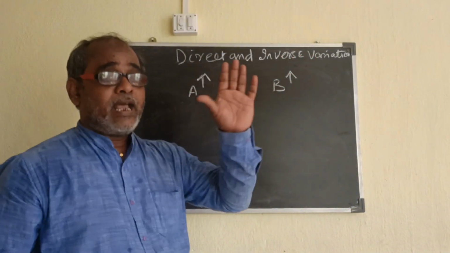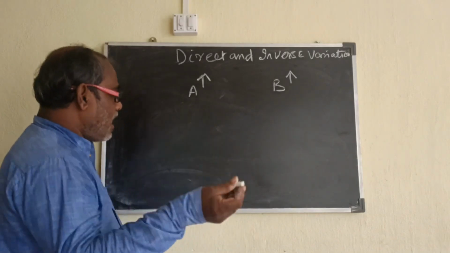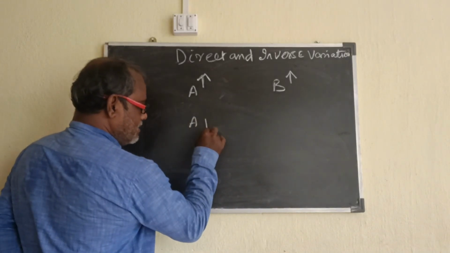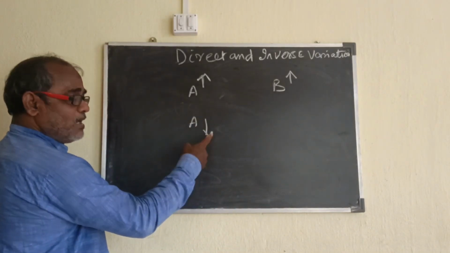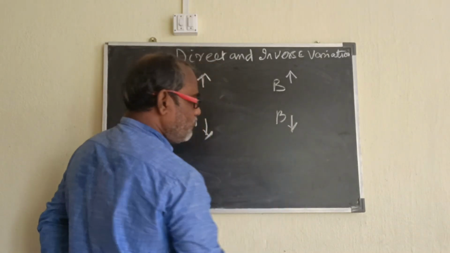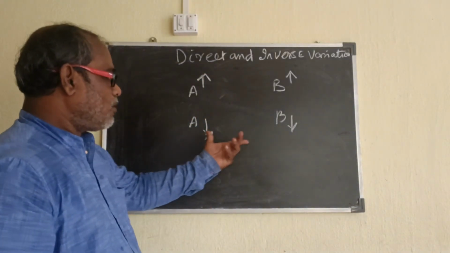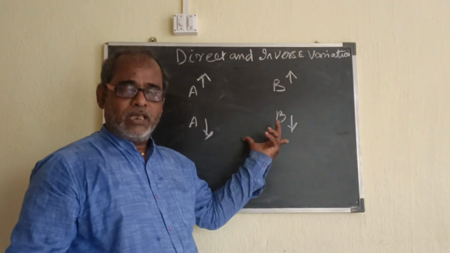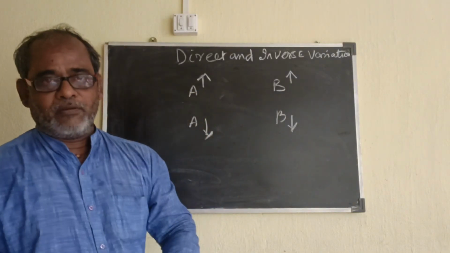Or if the quantity of A decreases and simultaneously the quantity of B decreases, then also we say that both the quantities A and B are in direct variation.